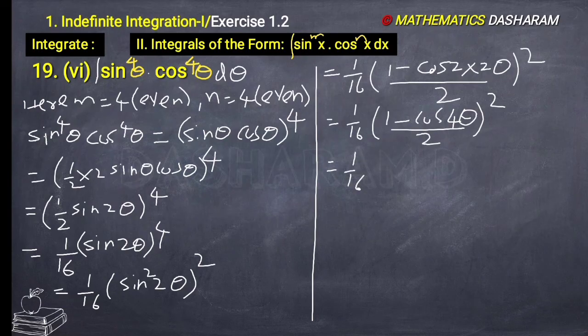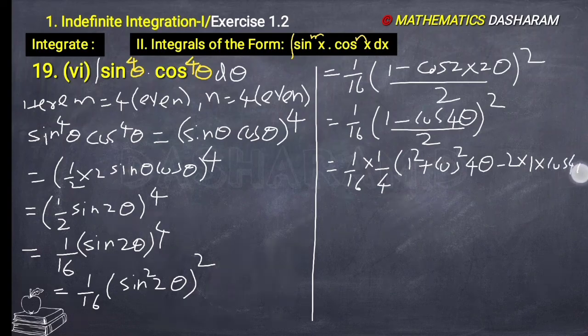So 1 by 16 into, apply the square for 2, then it will become 1 by 4, and the a minus b whole square formula: a square plus b square minus 2ab. So 1 square plus cos square 4 theta minus 2ab, 2 into 1 into cos 4 theta. So it is equal to 1 by 16, 4 is 64, into 1 square, 1 plus cos square 4 theta.